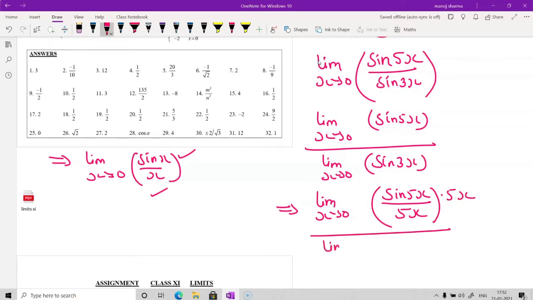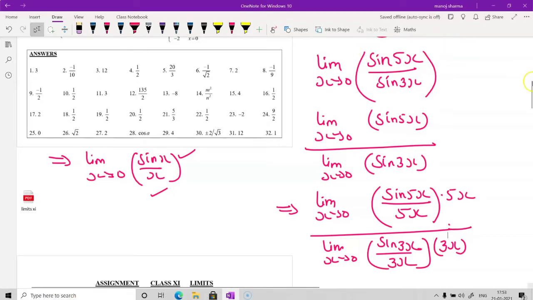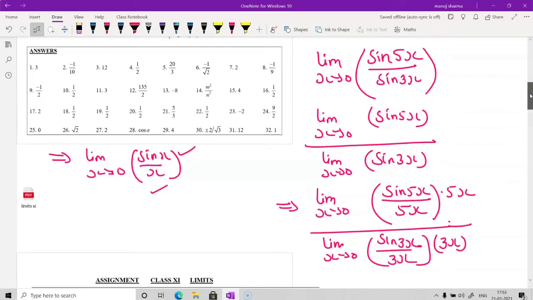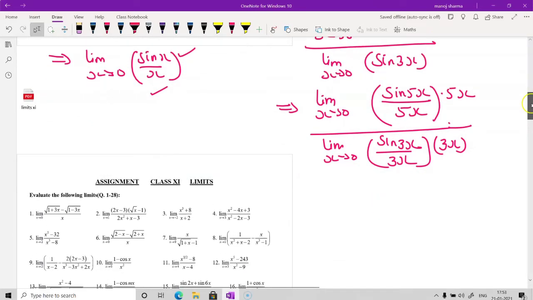Further moving on to this, limit x tends to 0 sine 3x, similar pattern, 3x 3x, quite easy enough. Now you can cancel this x x in the initial phase, but wait for some time. Let's see how to do this.